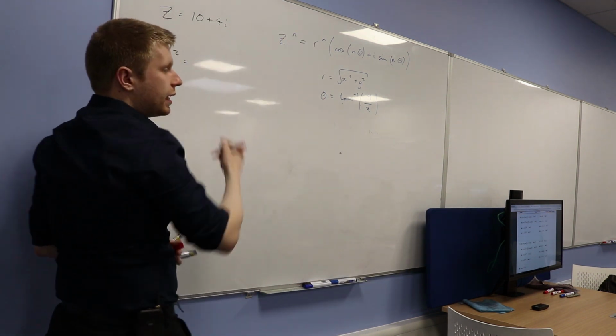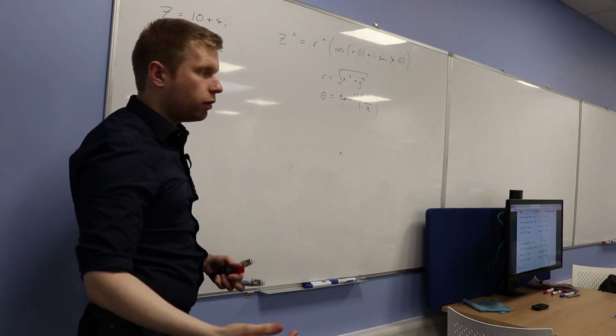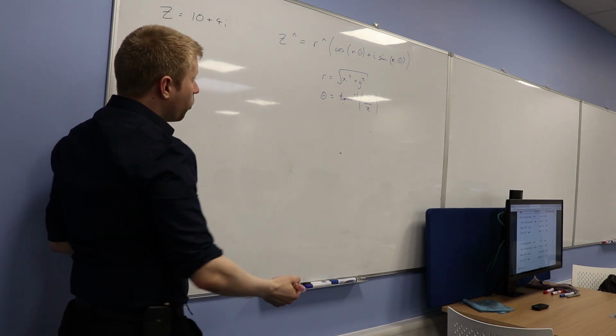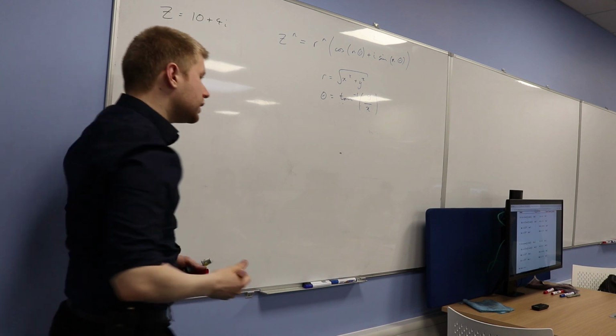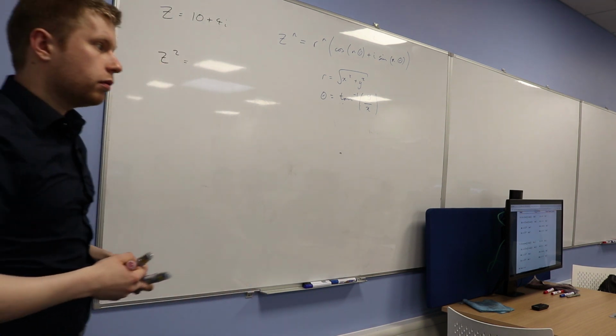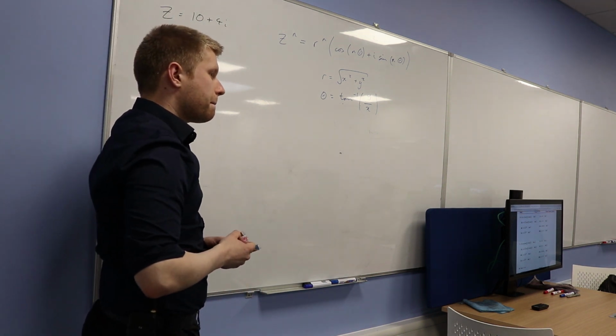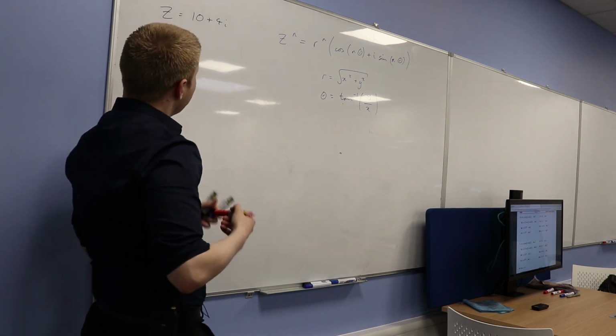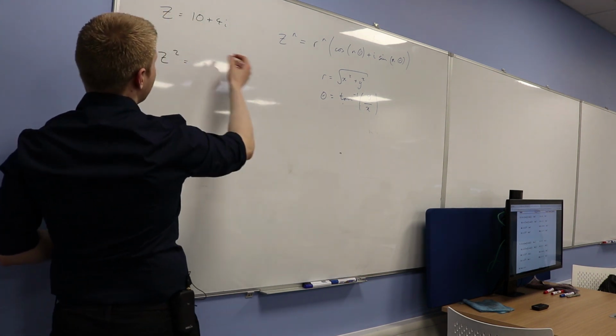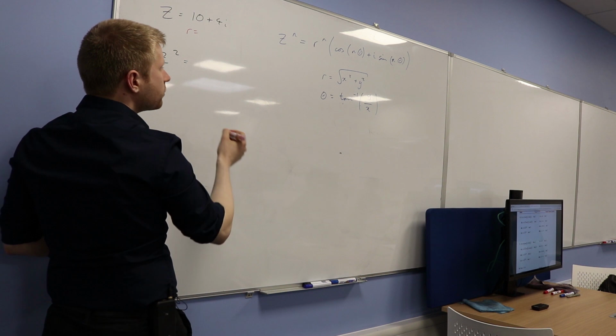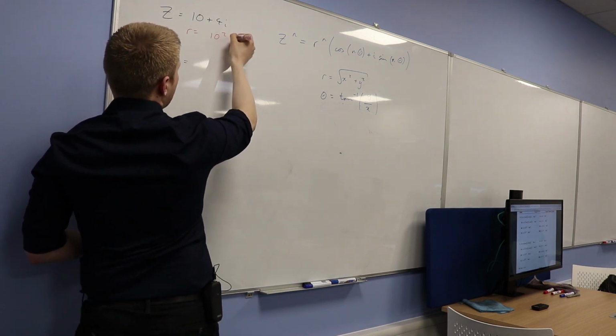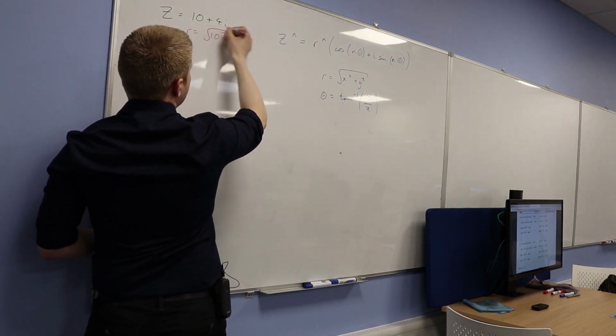So what would this thing be in polar form? In other words, what is my modulus and what is my argument? So what's my r? Just use this formula. 10 squared plus 4 squared is 116, square rooted, yeah, good.